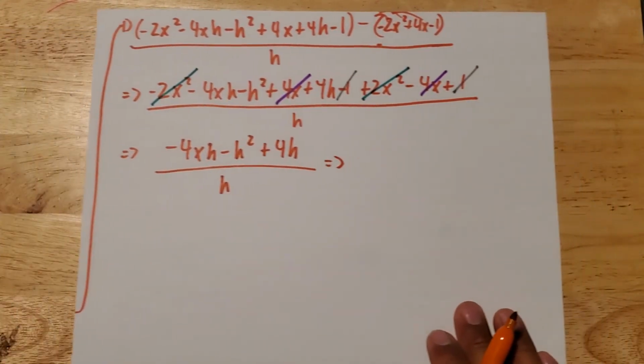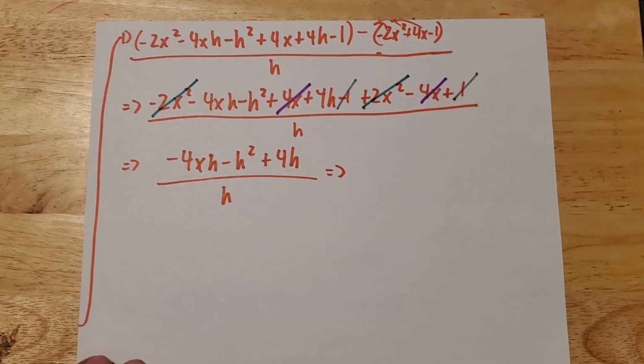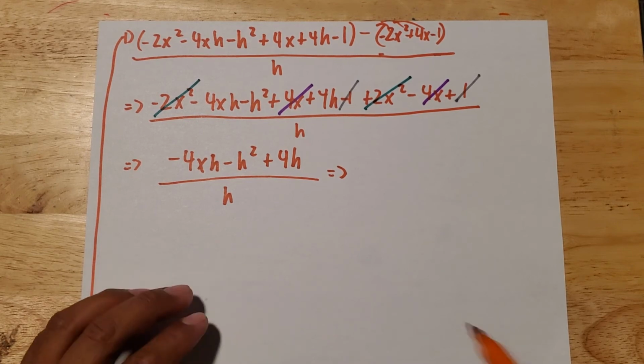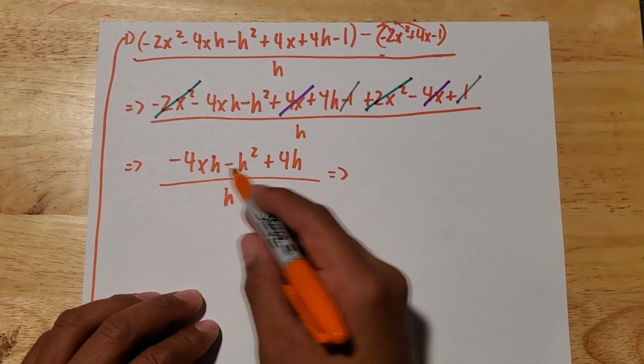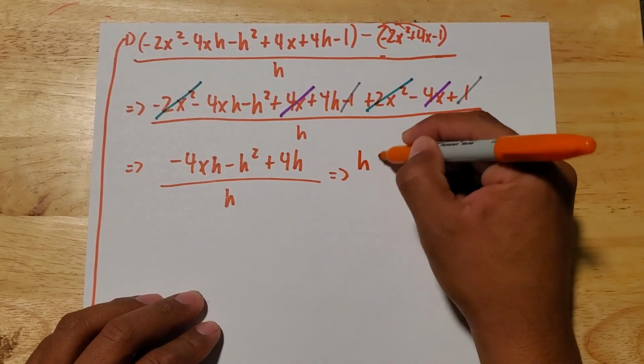I'm going to remove this one now so we can center this up. Whenever you're dealing with fractions, a golden rule is that you should always try to simplify if you can. So the way I'm going to do that is I see that each one of these contains an h.